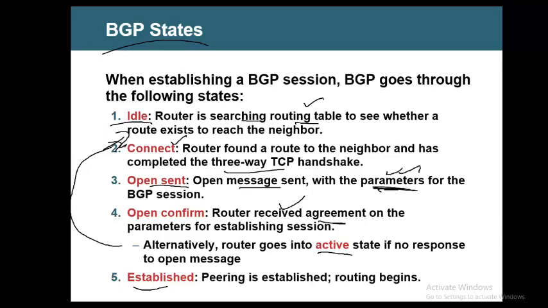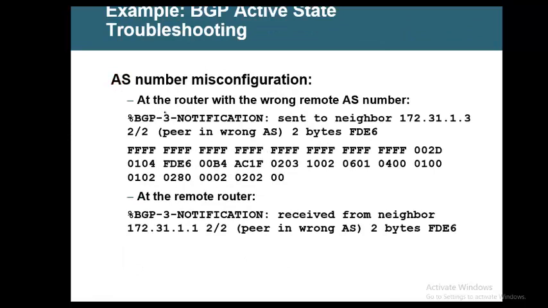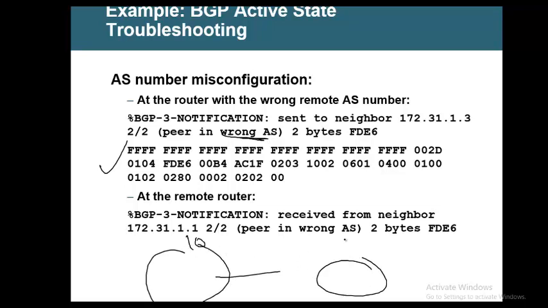you may get a message like this, which is giving you a clue where the problem is. The problem is the autonomous system. Originally, it is coming from autonomous system 10. This is autonomous system 20.